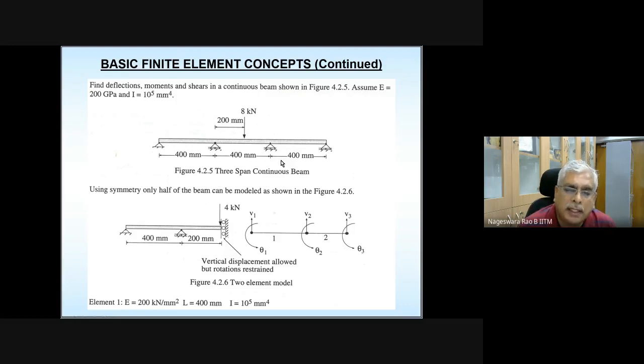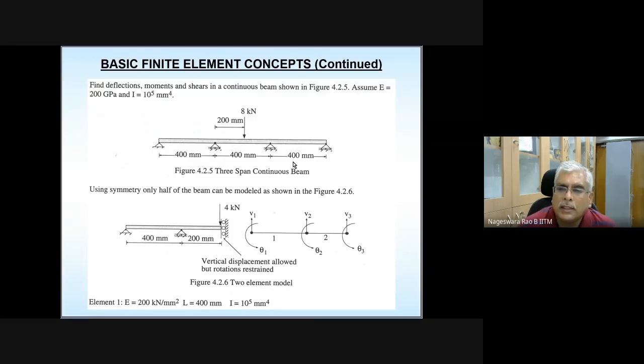You always need to have a node at the location where you have concentrated loads or moments. That you need to keep in mind. So in the first span, one element is enough. In the second span, out of compulsion, since this is a point load, a node should be there in the middle. In the second span, you cannot have a single element. You should have two elements.